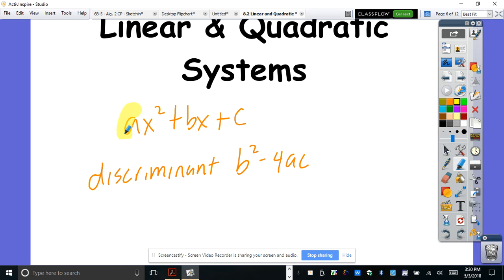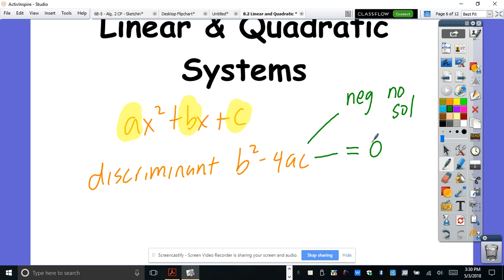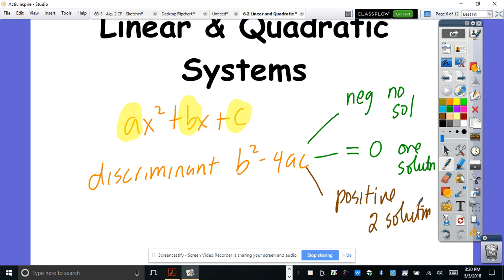Whatever the values of a, b, and c are, you plug them into this formula. If the discriminant is a negative number, that means there's no solution. They don't intersect. If it's equal to 0, there's only one solution. And if it's positive, there are two solutions. That's how you differentiate it.